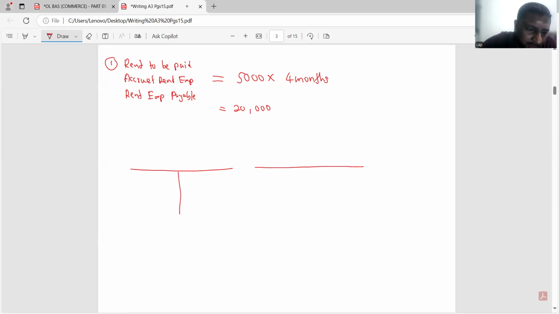Double entry. Rent expense, accrued rent expense. Here debit 20,000. Here credit 20,000. That's all.